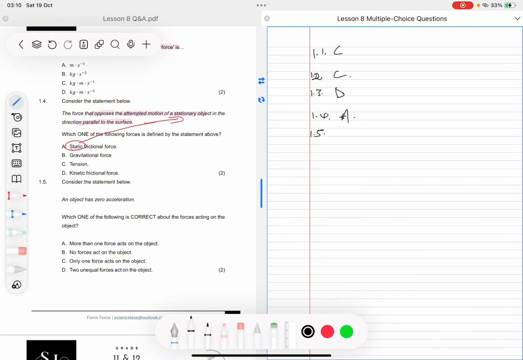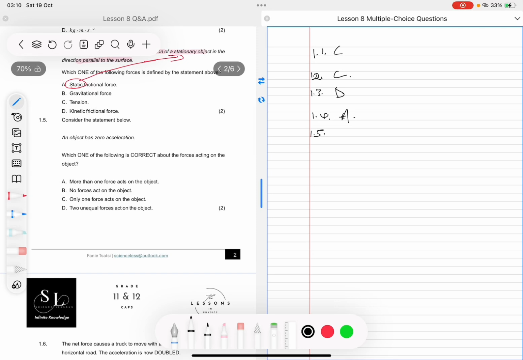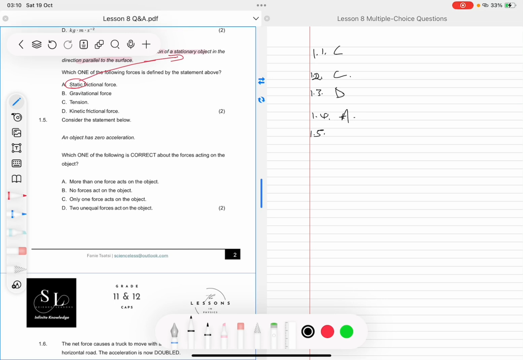Then we're going to jump to 1.5. They say consider the statement below. They say an object has zero acceleration. So this object has zero acceleration. It does not move. Now, they say which one of the following is correct about the forces acting on the object?